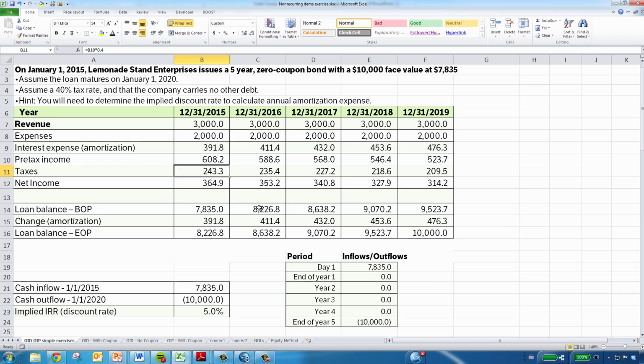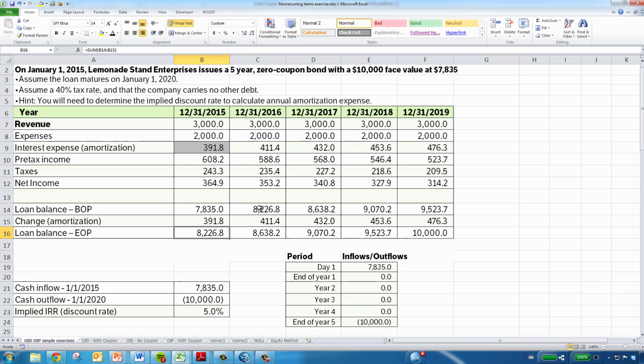The corresponding entry, so this interest expense calculation here, understand that is a reduction to retained earnings. So that is a debit to retained earnings. The corresponding credit is to the loan balance itself, which starts at, let's use denominations of millions here, $7.8 million. And by the end of the period, it has increased by the amortization of the loan balance.